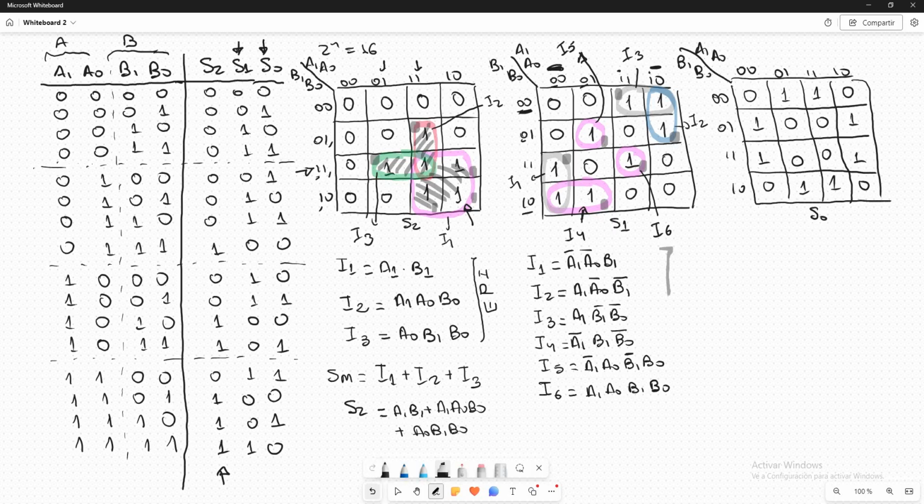So everyone is an essential prime implicant. So they are going to be in the minimal sum compulsorily.